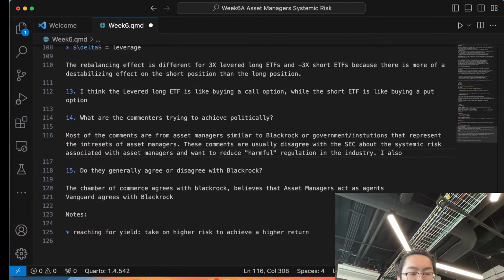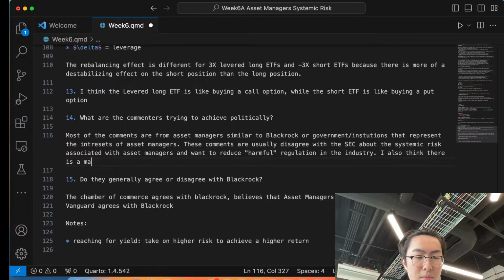I also think that these guys are trying to paint a nice picture of what the asset management industry does, and in effect show the public that, so maybe I could say there's a marketing aspect to this, where these asset managers don't want to be seen as bad people.